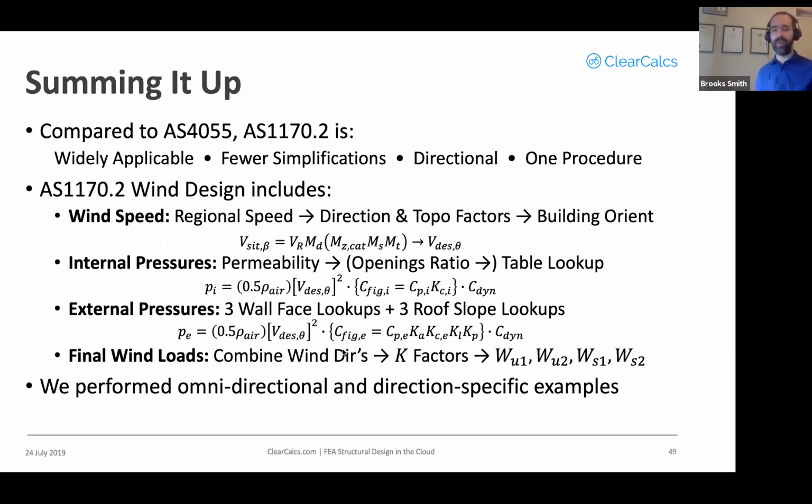And then for final wind loads, you combine the different wind directions, you consider your different K factors here, and you end up with a WU1, WU2, WS1, and WS2 for ultimate and serviceability cases. We performed 2 different examples, one omnidirectional and one direction specific that was more complex.